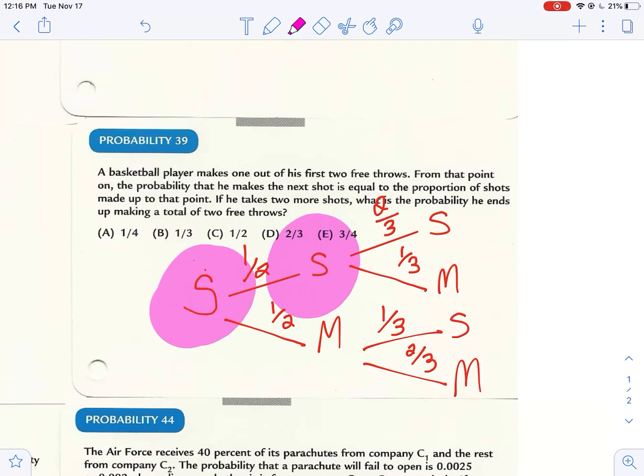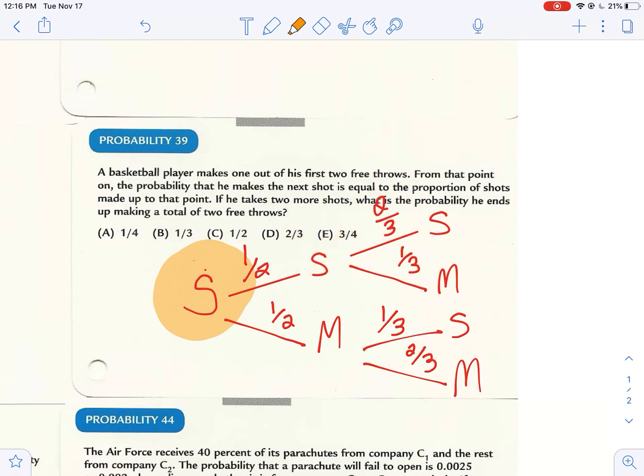This assumes we got the second one in. So that means you have made 2 out of 3 shots. That's the probability of you making that next shot. And likewise, the probability of missing is 1 out of 3, because, again, that's the complement here.